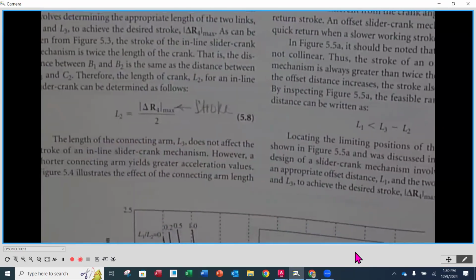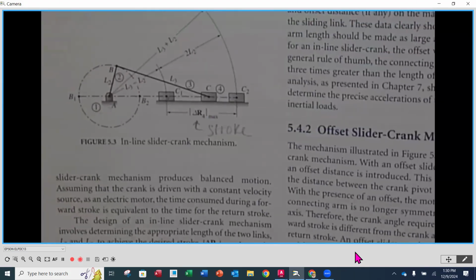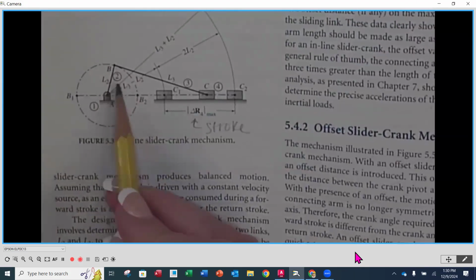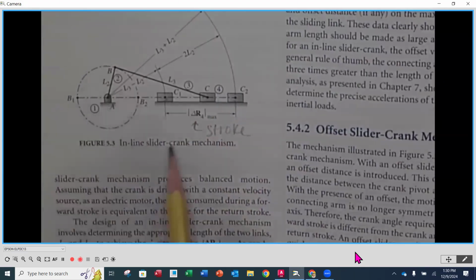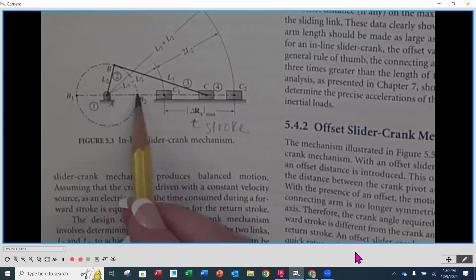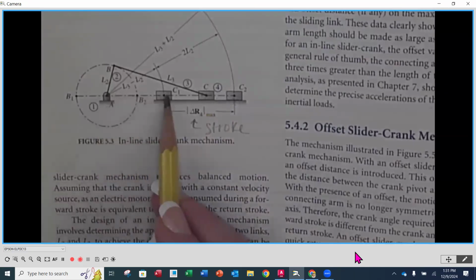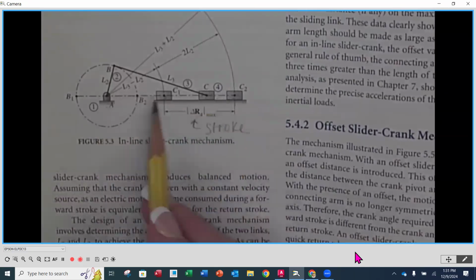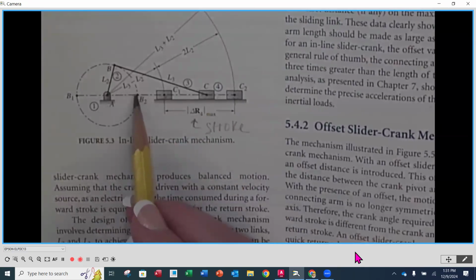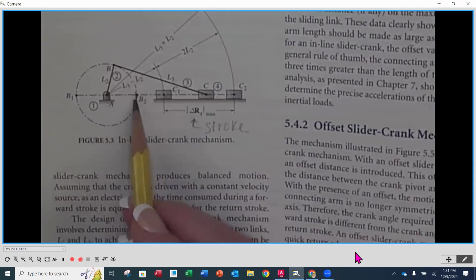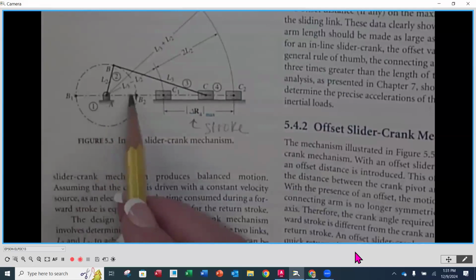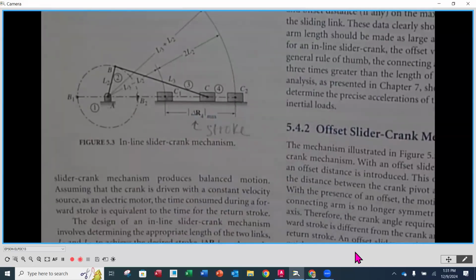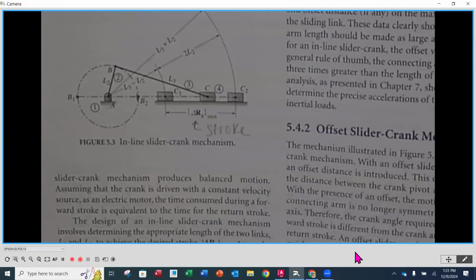That is because the crank is really controlling how far out and how close the slider gets on this inline. When the crank is out here and laid down in line with the connecting rod, it's at its furthest point out. Then when it rotates around to this side, it moves this distance. So the difference between these two is 2 times the radius, or really the diameter of that crank.